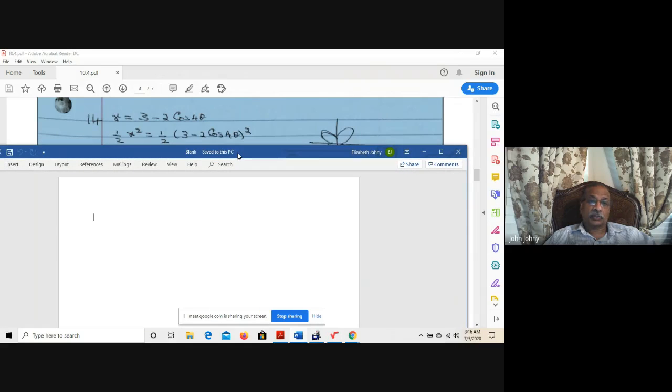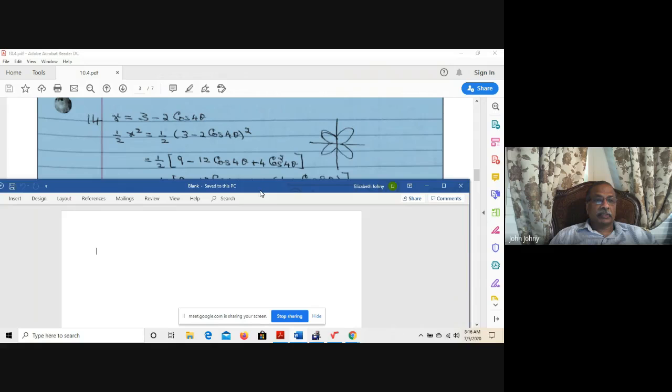So 1/2 r square is equal to 1/2 times 3 minus 2 cos 4 theta, the whole square. That is 1/2 times FOIL: 9 minus 12 cos 4 theta, 2 times 3 times 2 is 12 cos 4 theta, plus 4 cos square 4 theta.